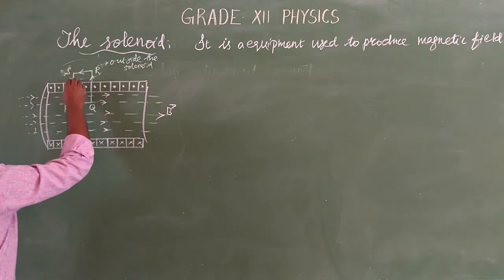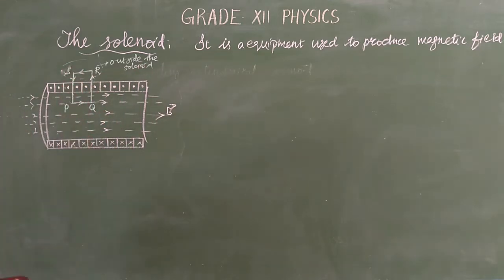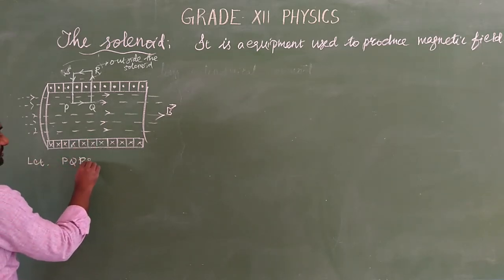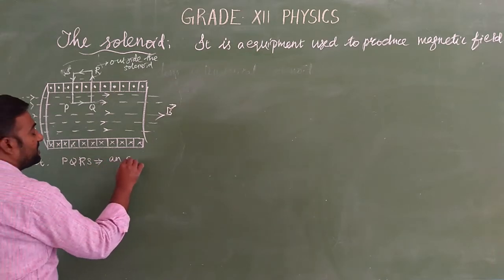And SP is perpendicular to the direction of the magnetic field. So we are going to calculate the magnetic field inside the solenoid. Let PQRS be an Amperian loop.